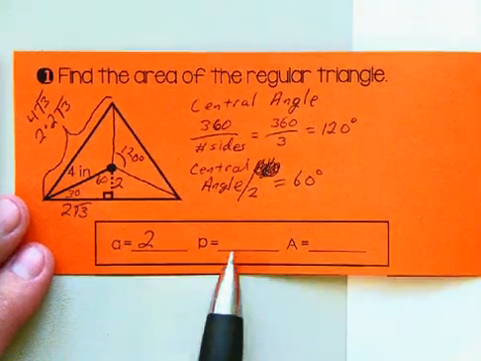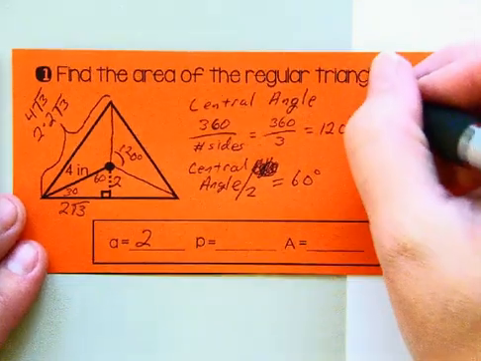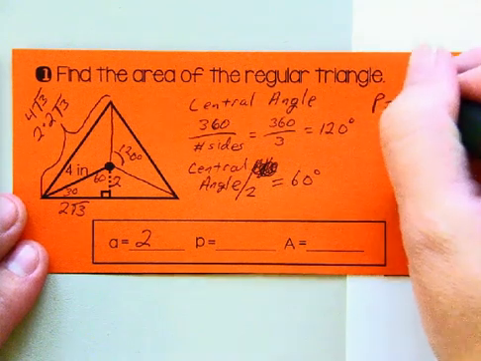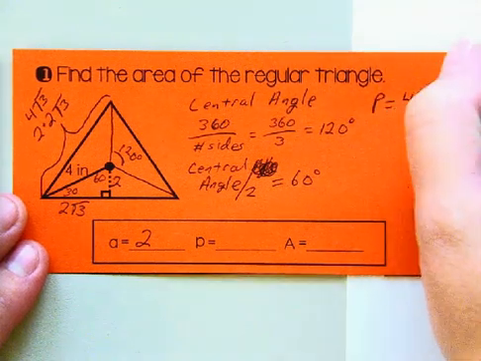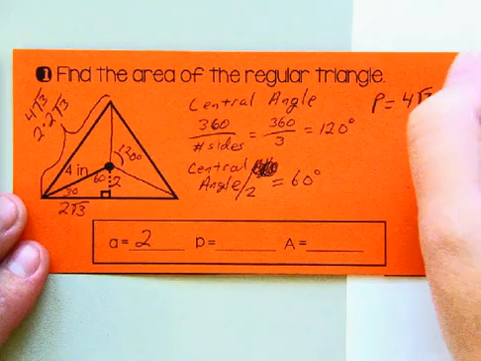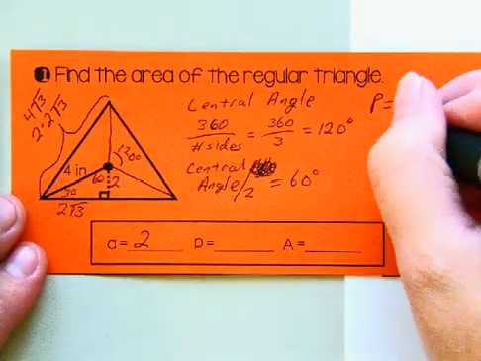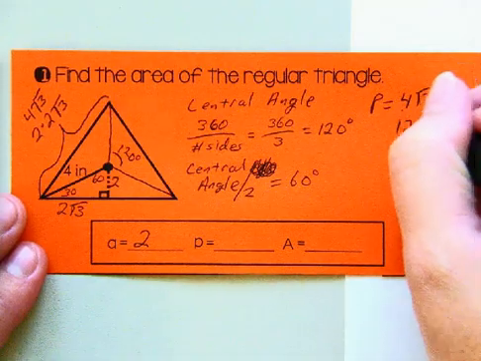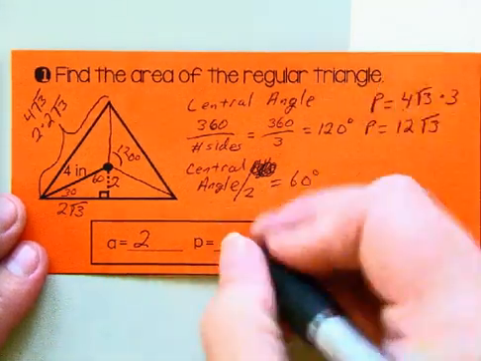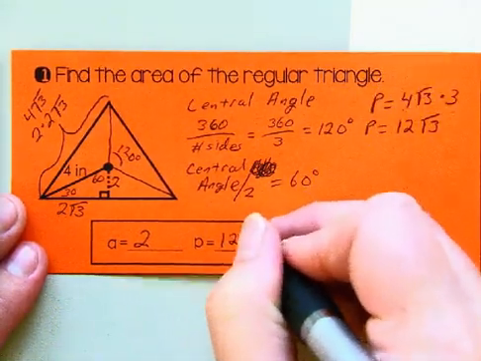Then we need perimeter. For perimeter, we're going to take 4 square root of 3 times the number of sides, which is 3. 4 times 3 is 12, and then we still have that square root of 3. So our perimeter is 12 square root of 3.